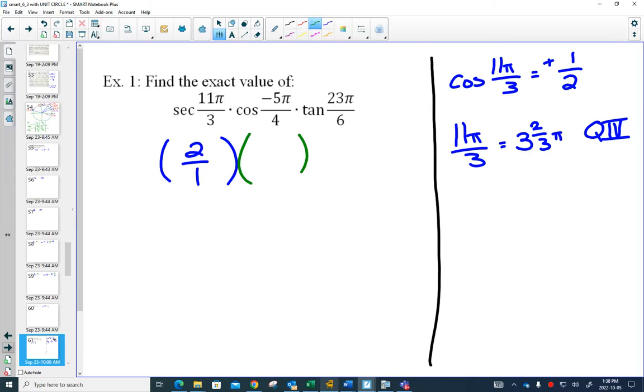Next, it's multiplied by cos of negative 5 pi over 4. Negative 5 pi over 4 is in quadrant 2. One way that you can think of that is if you look at your unit circle and you see that positive 5 pi over 4 is in quadrant 3, if you went 3 quadrants in the negative direction, you would end up here in quadrant 2.